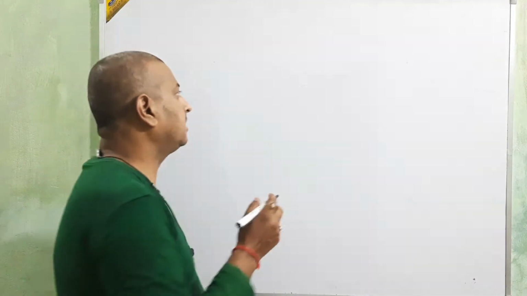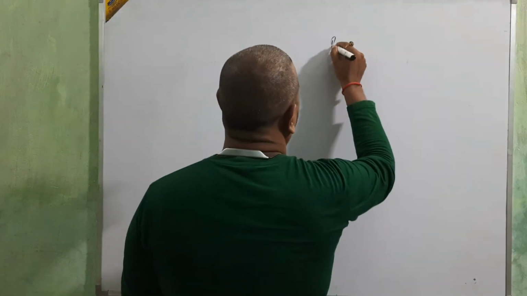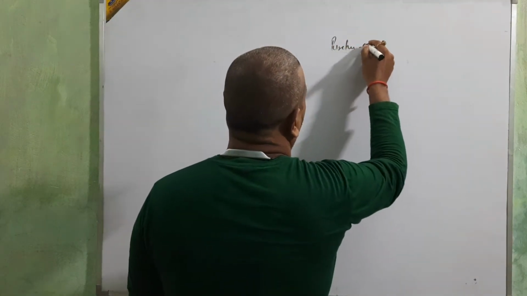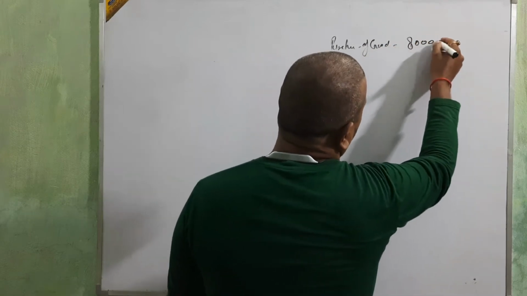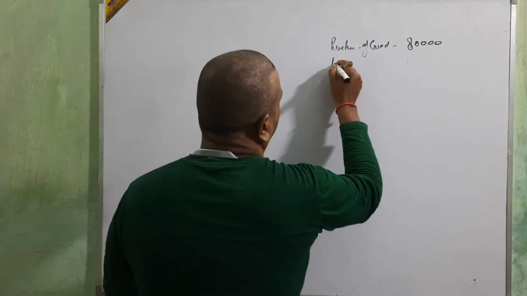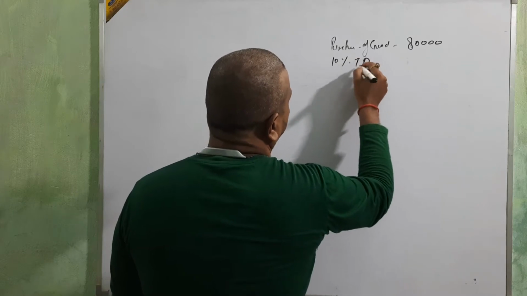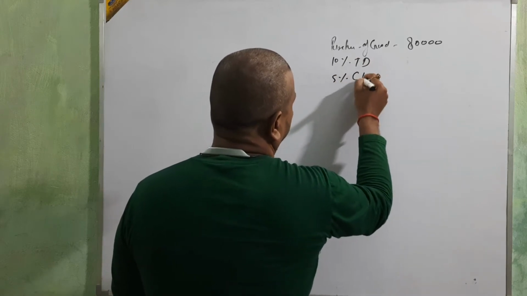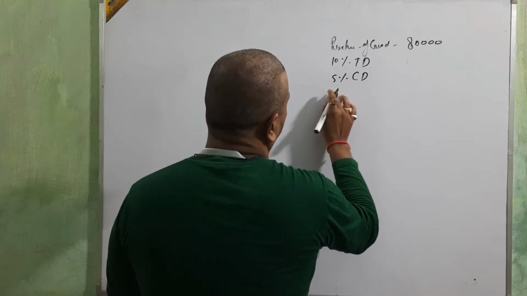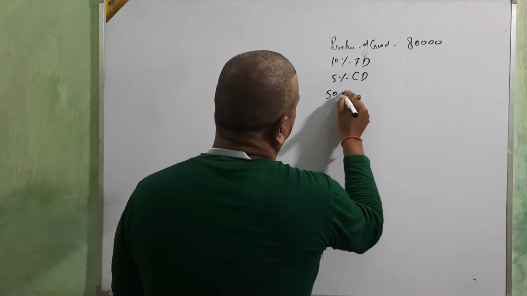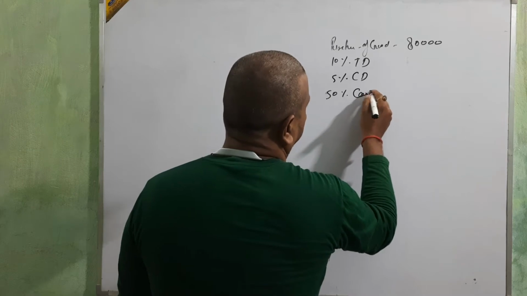Just think, one purchase of goods, 80,000, 10% trade discount, 5% cash discount, and 50% amount received in cash.